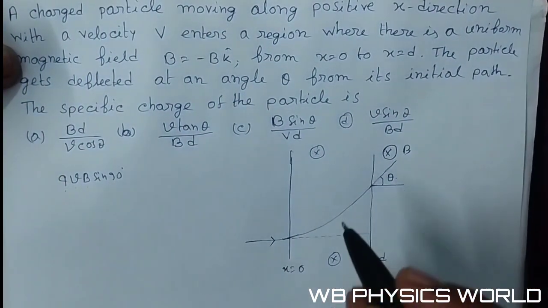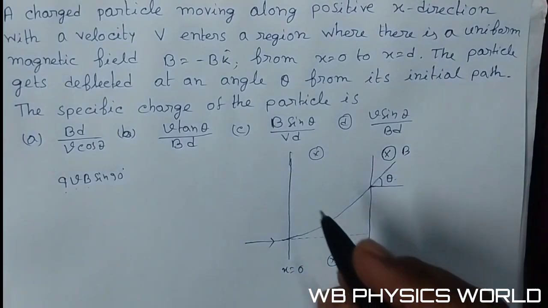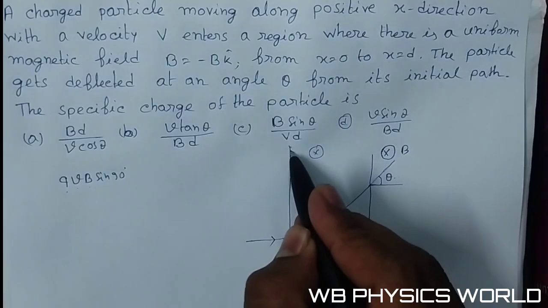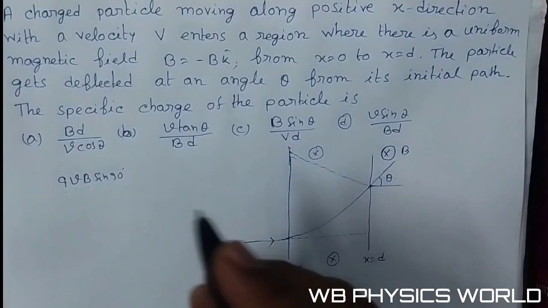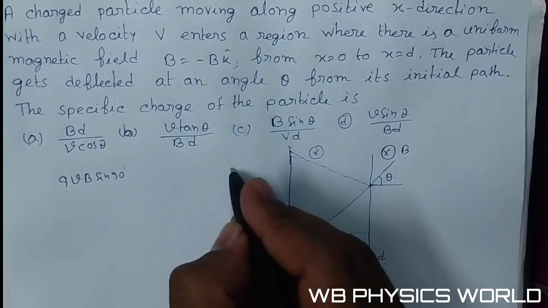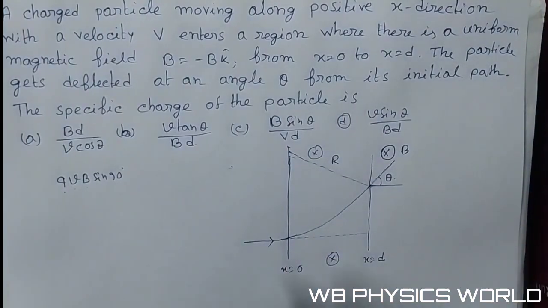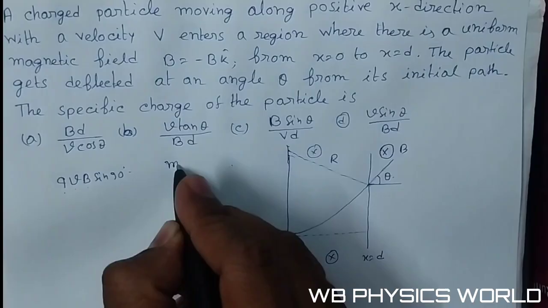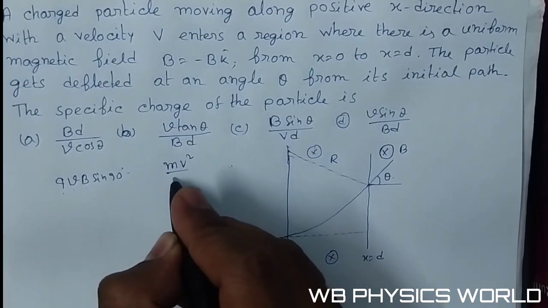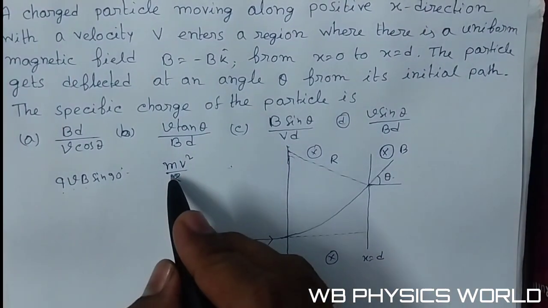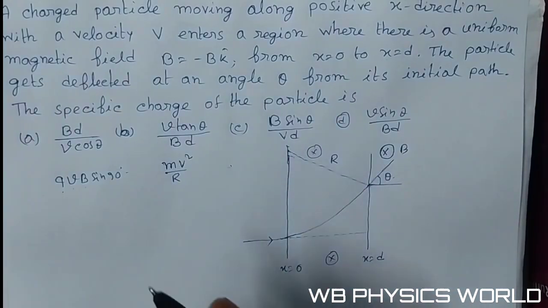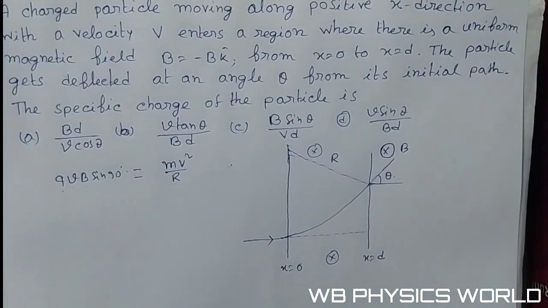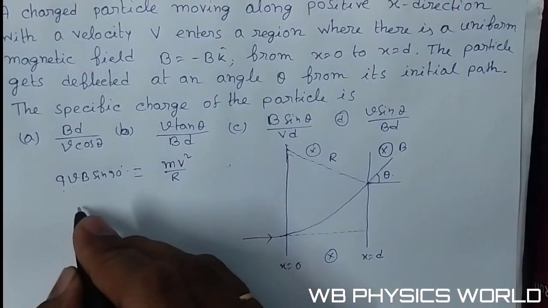And if the particle rotates in a circular path of radius r, then the centripetal force is m v square by r, where m is the mass of the charged particle, and this centripetal force is equal to the magnetic force.